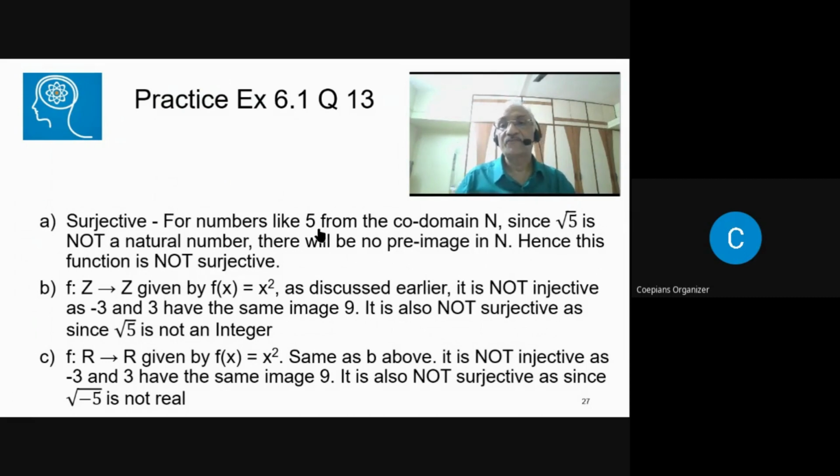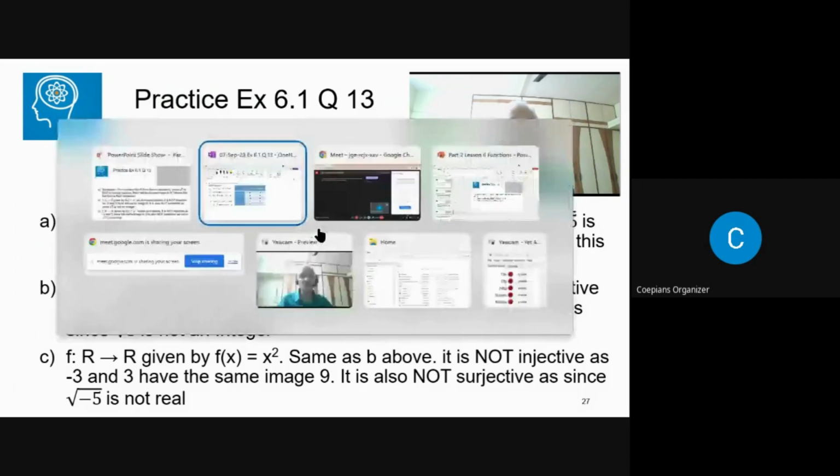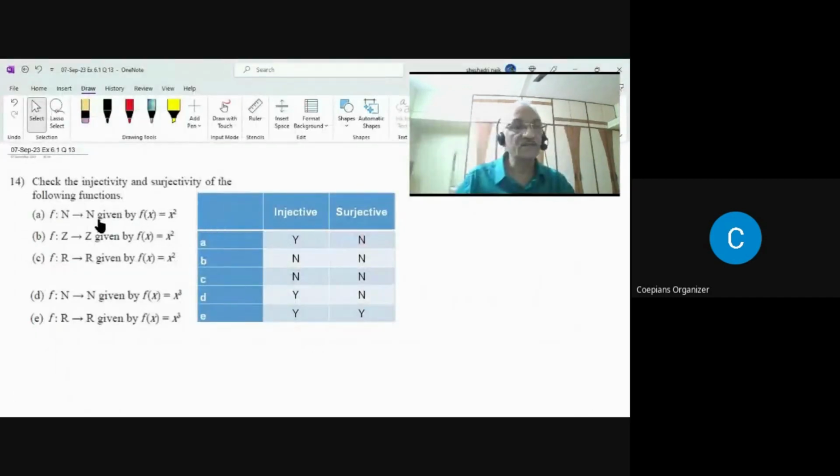That means there's an orphan like the number 5 in the codomain. There's no pre-image associated with number 5 in the domain. Hence, this particular function is not surjective. So the answer is: the first one is injective, but it is not surjective.